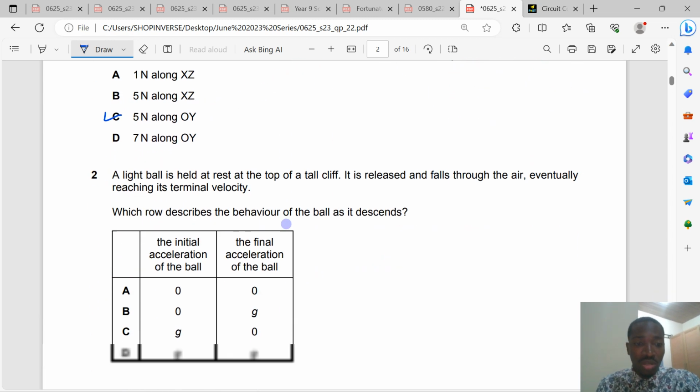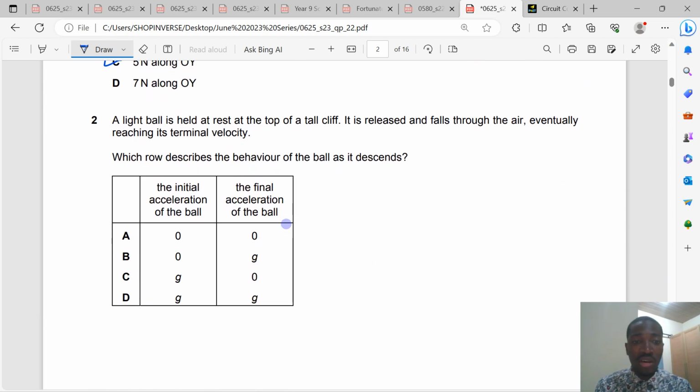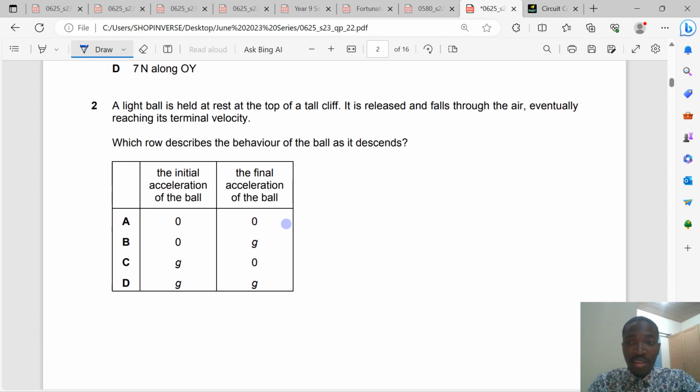Question number 2 says, a light bulb is held at rest at the top of a tall cliff. It is released and falls through the air, eventually reaching its terminal velocity. Which will describe the behavior of the ball as it descends? When it reaches terminal velocity, that means it is traveling at a constant velocity and it is not accelerating anymore.